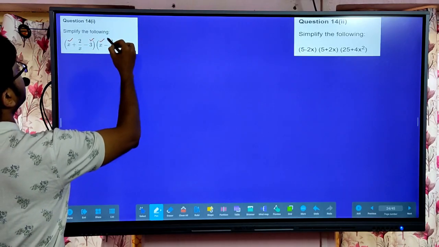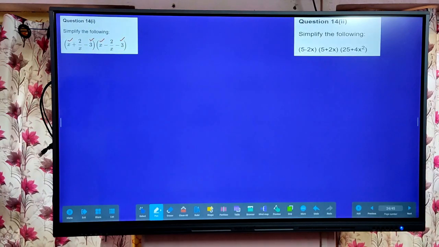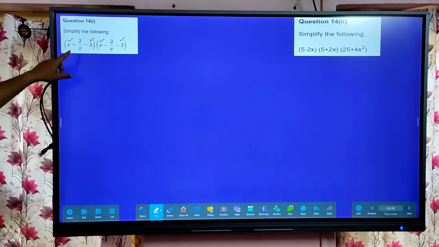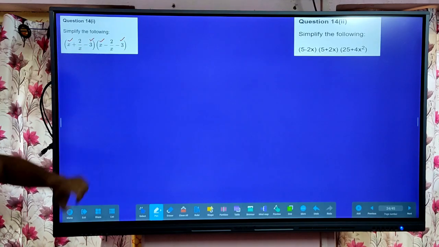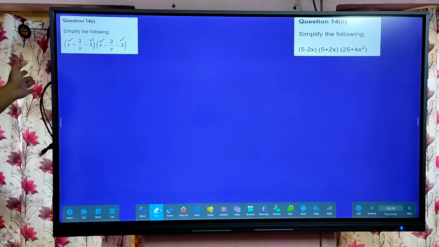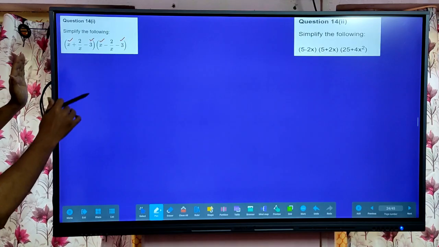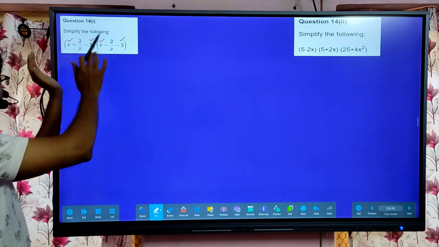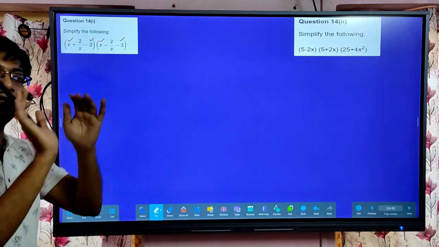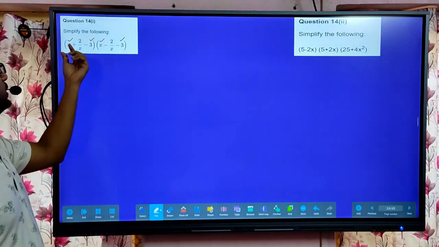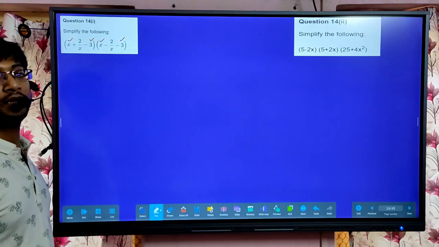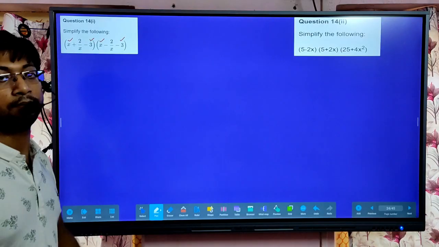You see, x minus 3 is same in both the cases. 2 by x is plus over here, 2 by x is minus over here. So you separate them. The terms which have similar sign in both, you consider them as a, and the terms which have different signs in both, you consider them as b.